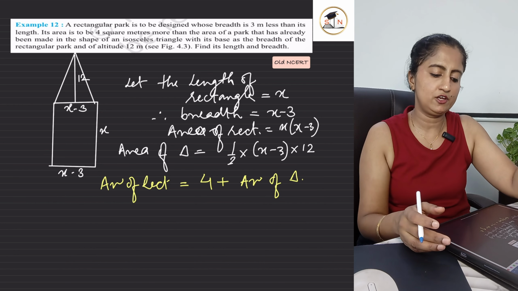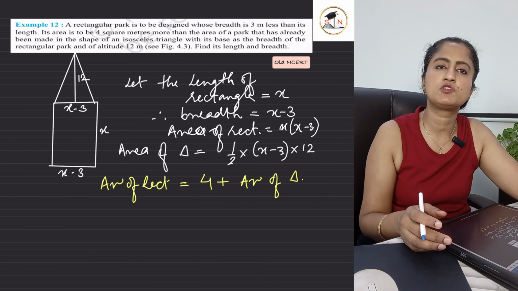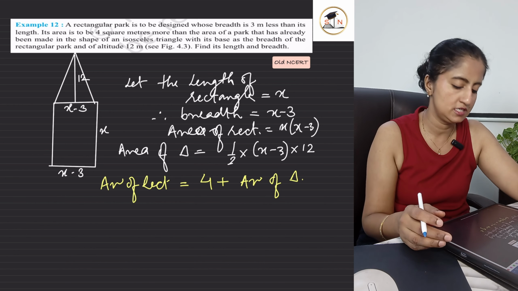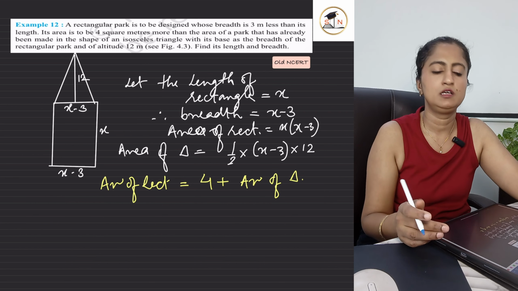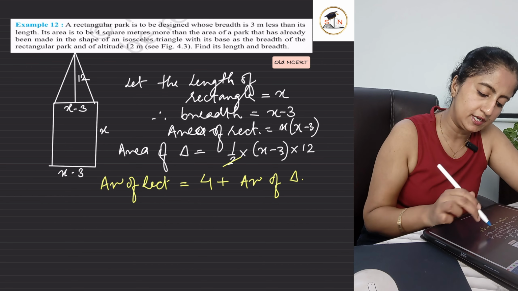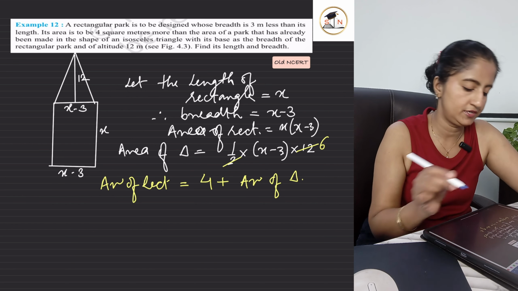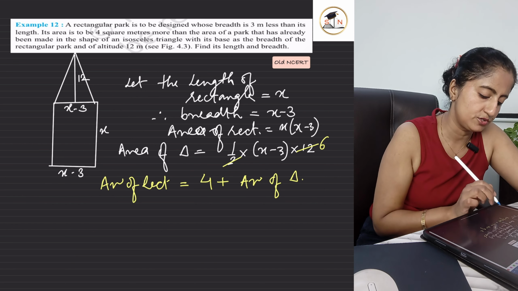Now the area of rectangle we had already written in terms of x. We had written the area of triangle also in terms of x. We will now put that in the relation. But before that, this 2 and 12 can be cancelled and simplified as 6, right? So let's start substituting.